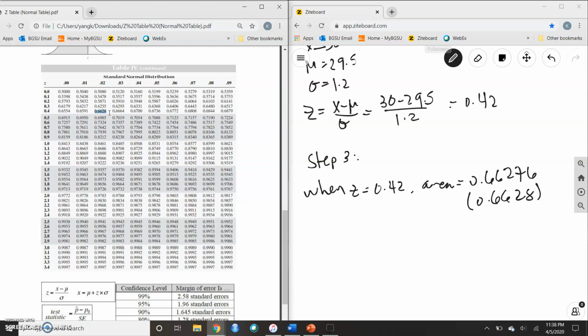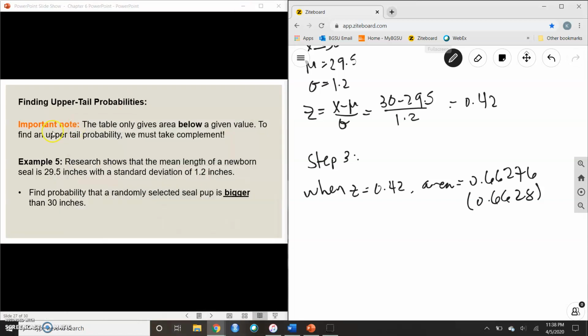Now that we have our area, it doesn't end right there. Again, I want to mention that the table only gives area below a certain value. To find the upper tail probability, since this is an upper tail problem, we have to take the complement.